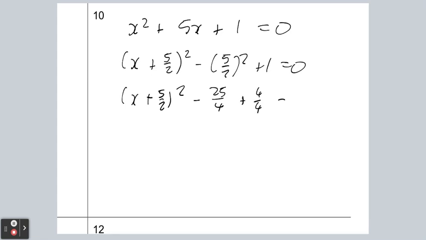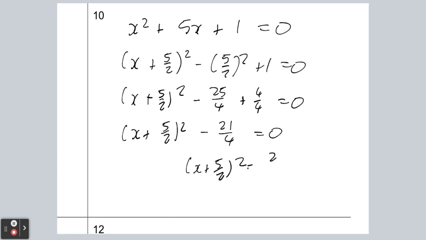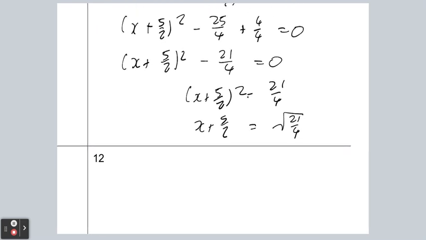So 4 on 4. So that's x plus 5 on 2 all squared minus 21 on 4 is equal to 0. Now I can add 21 on 4 to both sides to get 21 on 4 there. Square root both sides to get x plus 5 on 2 is equal to the square root of 21 on 4 plus or minus, which is plus or minus root 21 over 2.